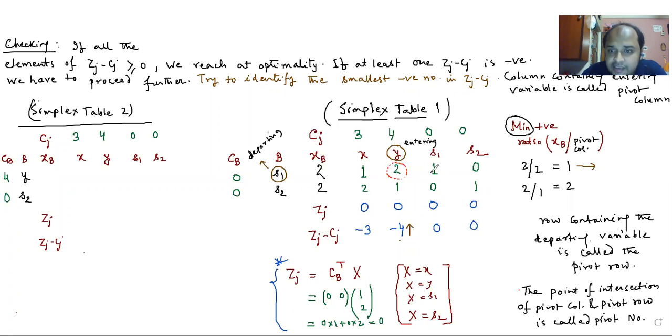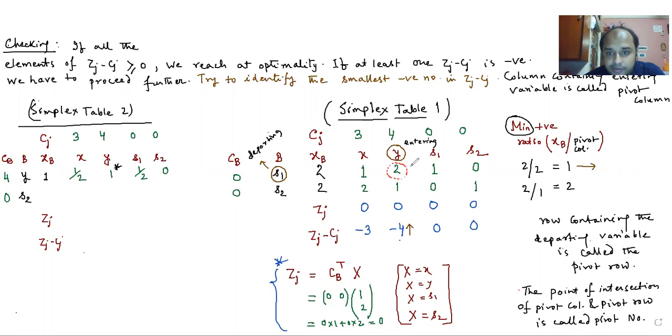So I am dividing the entire row by 2, and by doing this, I am getting 2 by 2, that is 1, and 1 by 2, that is half, and 2 by 2, that is 1, 1 by 2, that is half, and 0 by 2, that is 0. Remember, this was the position of the pivot number in the previous table.